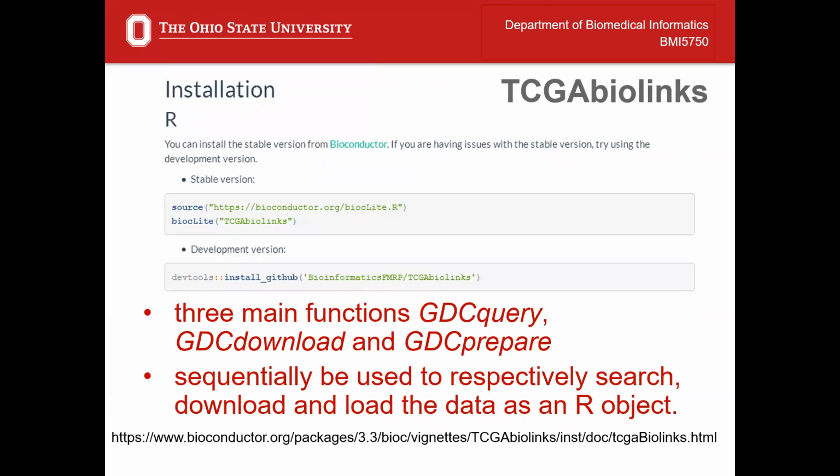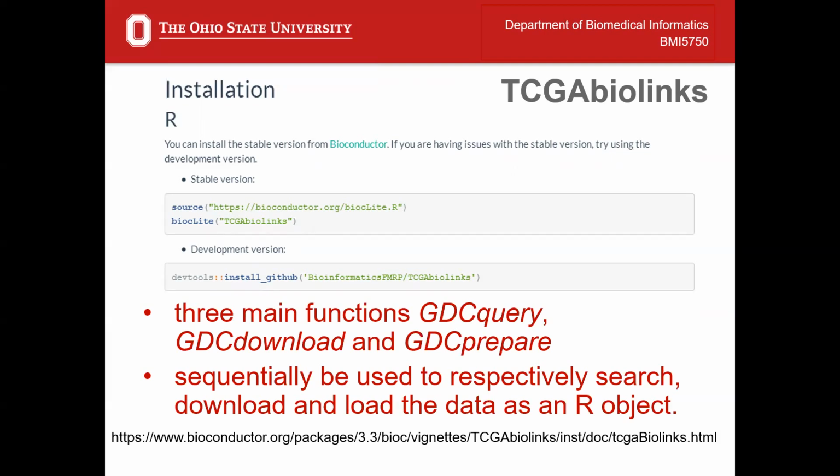The final thing to discuss is how to access the TCGA data, because there are several different portals. They all access the same thing basically, but there are different ways of getting at it. So one of the ways is through one of the R packages. One of them here I've listed TCGAbiolinks, and it's through Bioconductor.